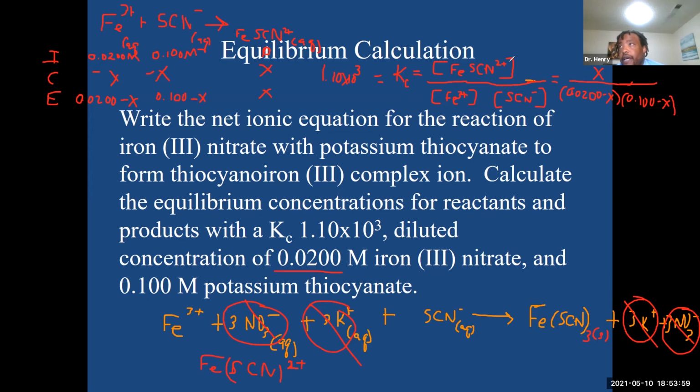Okay, so we solve for those values. So we have x equals 1.10 times 10 to the third times 0.0200 minus x.